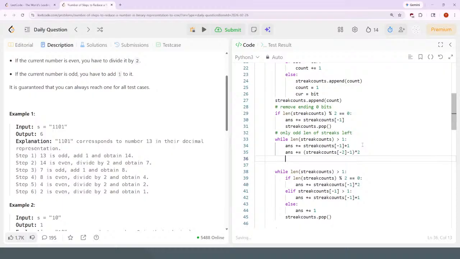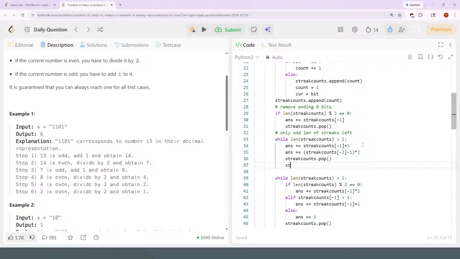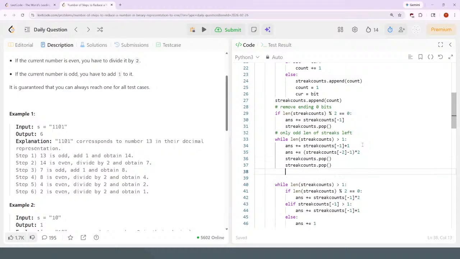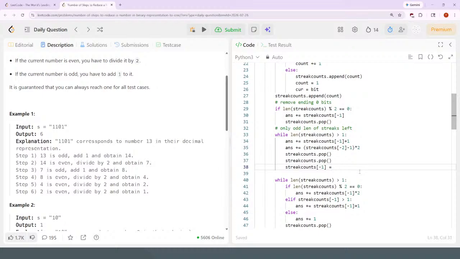And then I pop those two off of the stack. And then whatever's on the last one, now there's going to be an extra streak, so it's going to be plus equals 1.